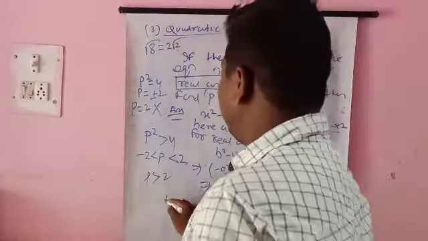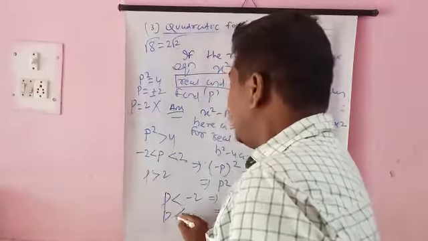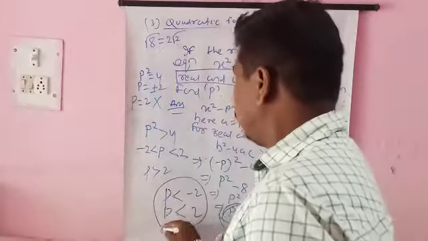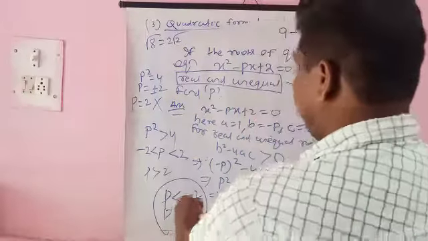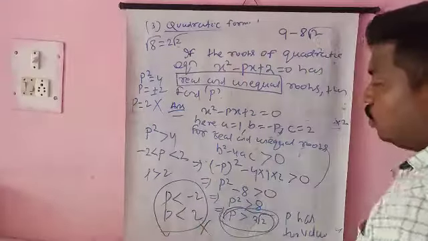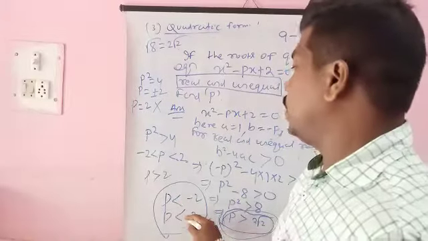If someone writes p less than minus 2 or p less than plus 2, this is wrong. If p is less than minus 2, then how can it be possible that p is less than 2? So p must be greater than minus 2 and p must be greater than plus 2.